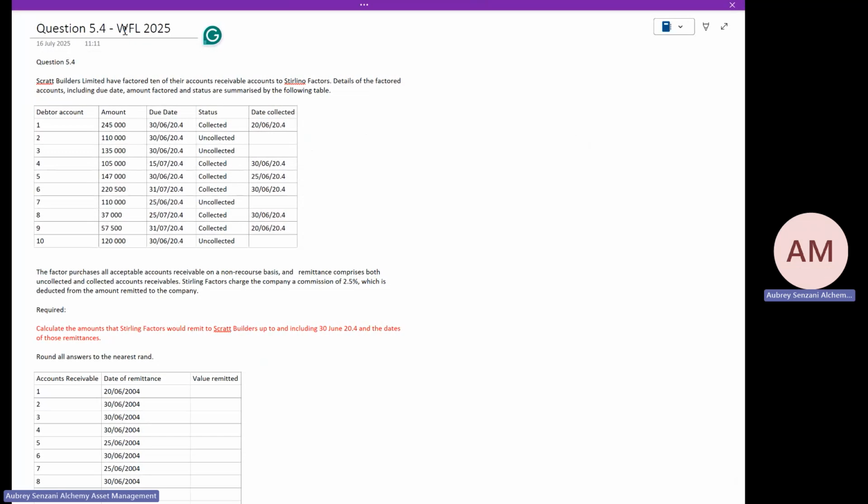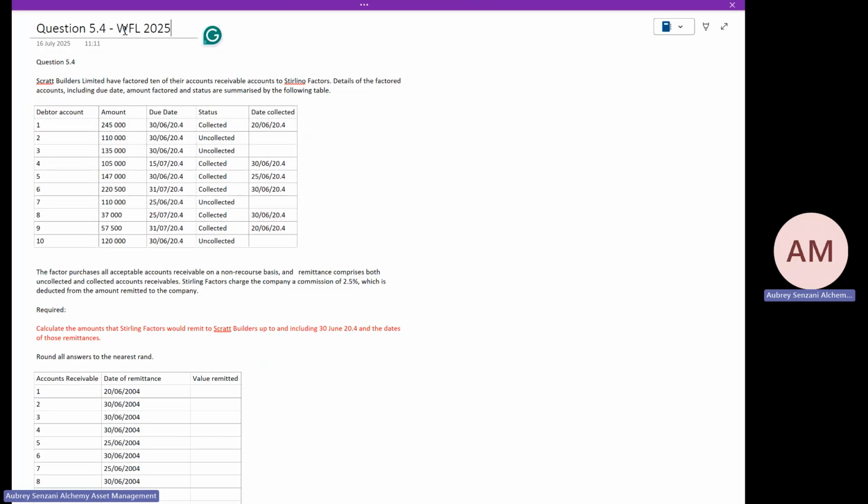So with 5.4, under the required, it says calculate the amount that Sterling Factors would remit, right, to, what is that, Scrap Builders up to and including 30 June 2004 and the dates of those remittances.